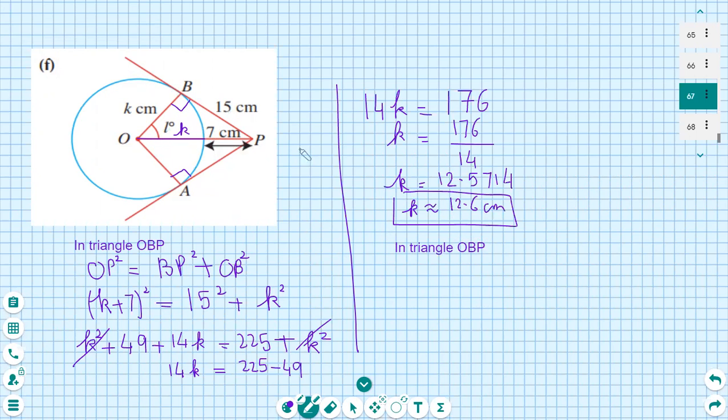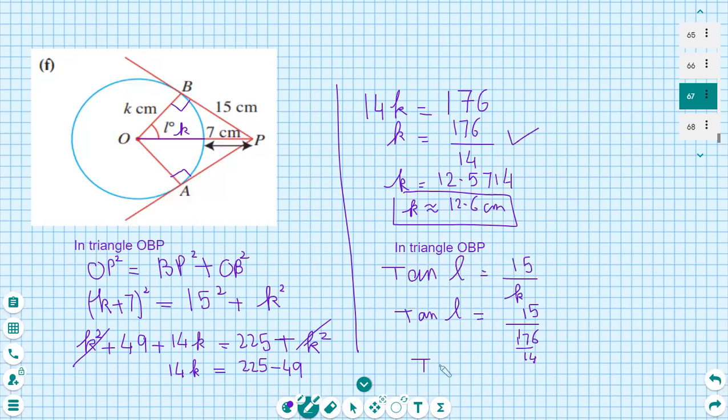The side opposite to L is the opposite side, whereas this side K is the adjacent side. So I'm using cos here. Oh, sorry, tan here. Tan angle L equal to opposite side, which is 15, over adjacent side, which is K. So tan L equal to 15 over K, and K is this 176 over 14. I'm using this value, which will give a more accurate answer.